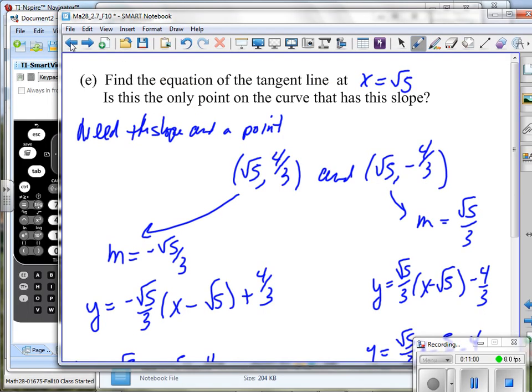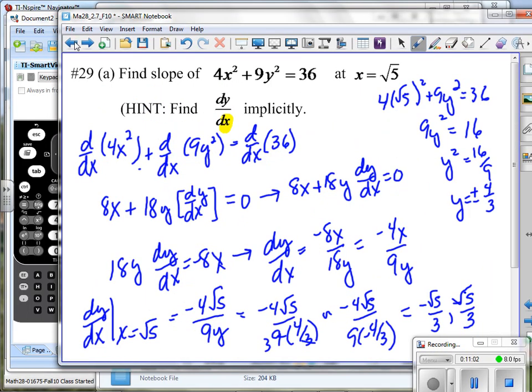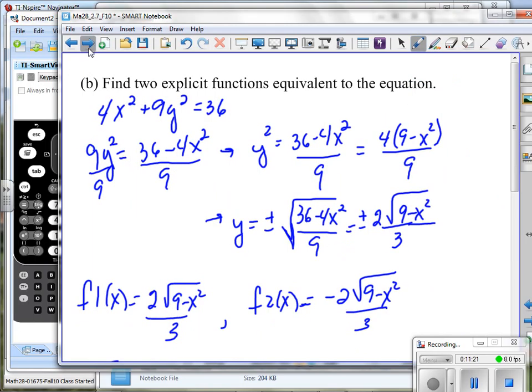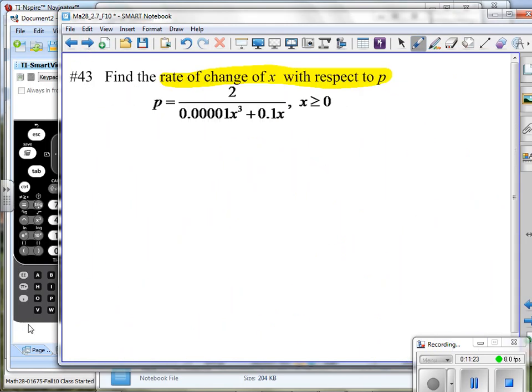Now, let's go back. When we have this notation, how do we read that? Oh yeah, dy dx, but what else? With respect to what? Where's the x? Down there. Hang on to that. What's that say?